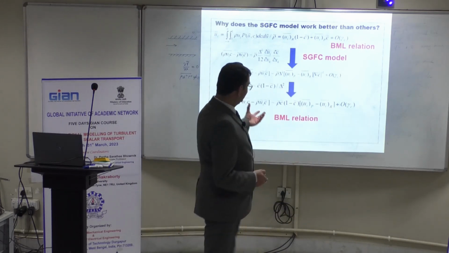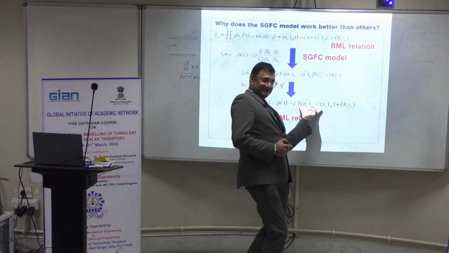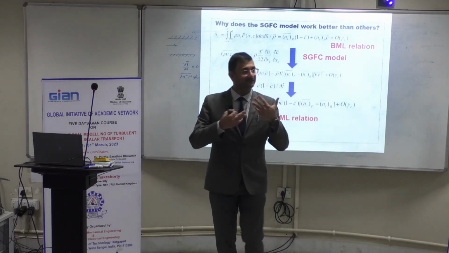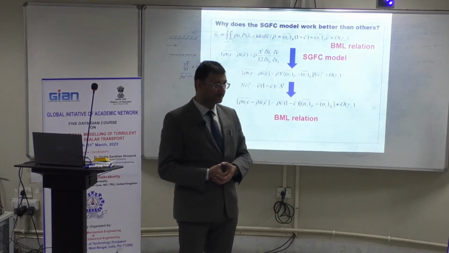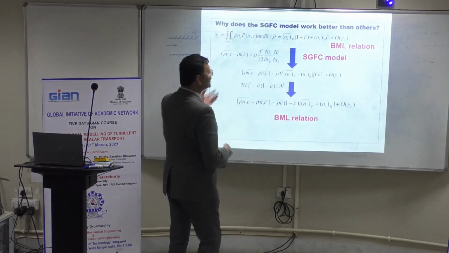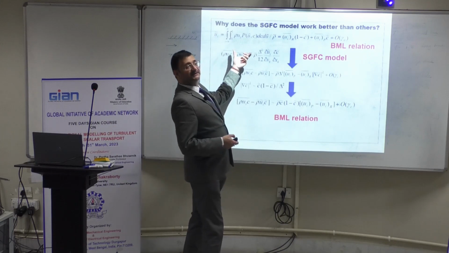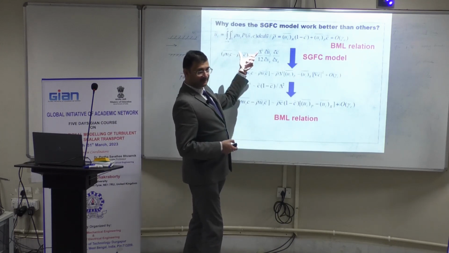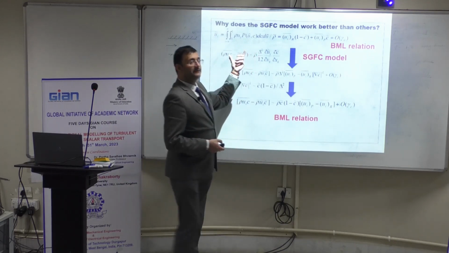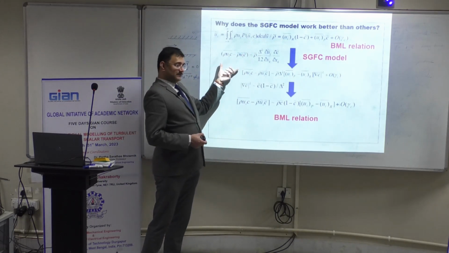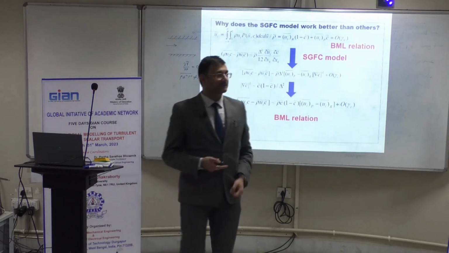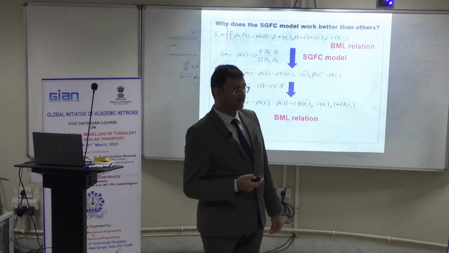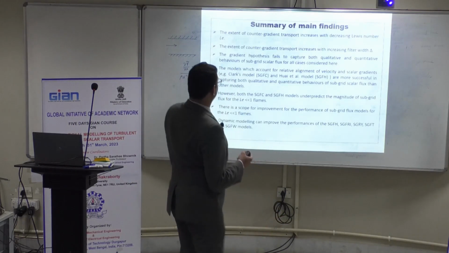The physics that if this slip velocity is positive, I'm going to get counter gradient transport. If it is negative, I'm going to get gradient transport. And that's why Clark's model was so successful. Clear? If you consider Bhowmik's model, one term was identical to Clark's model, and that's why that model was also successful in capturing scalar flux behavior.